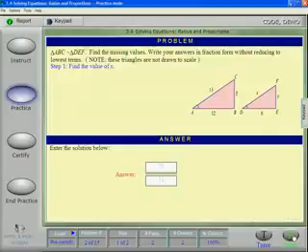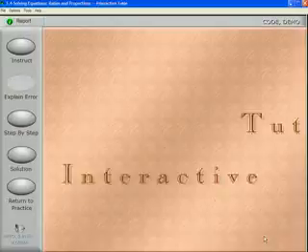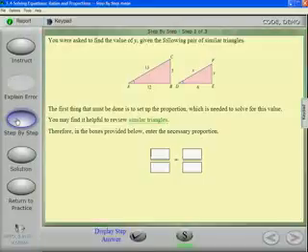Okay. So they say go to the next part. You've done that correctly. Now they want you to solve for y. By the same process, in the tutor mode, you can see that we'd have y is to 6, as, correspondingly, 5 is to 12.